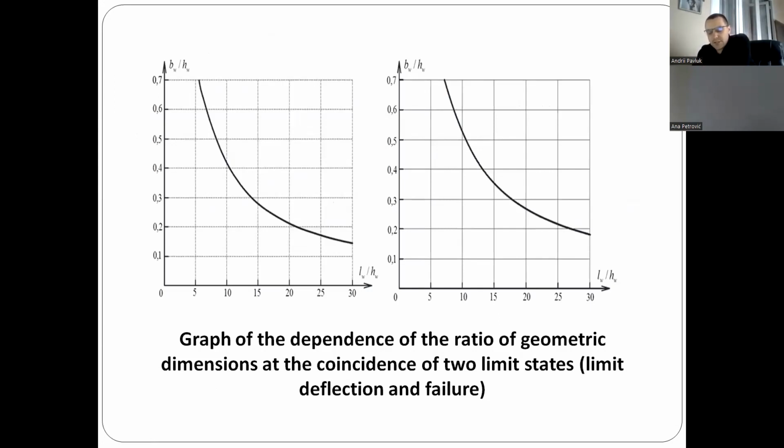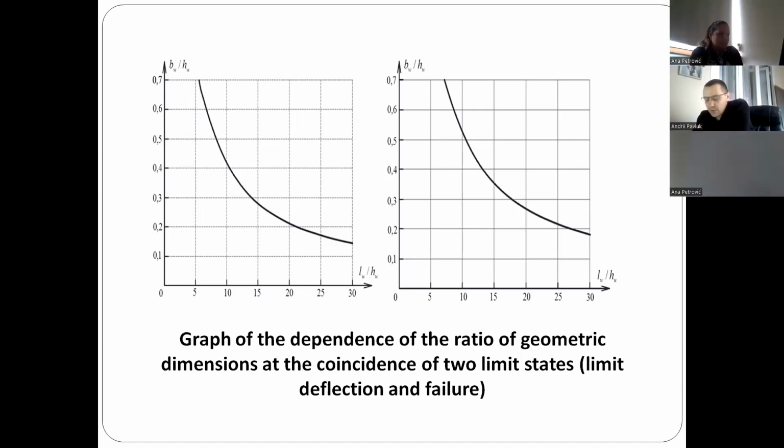The graph on this slide shows the dependence of the width of the cross section and the length of the beam on height, using the maximum bending moment that the cross section can absorb and deflection. The first graph is constructed for bending elements on two supports with applied uniformly distributed load. The second is for the case with a point applied load. The graph divides the beam into two zones upon reaching the limit state of the element.